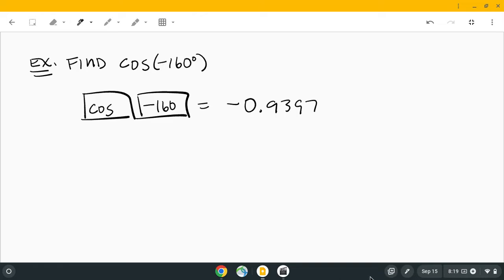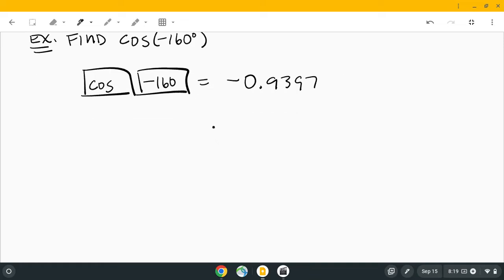This is where we left off in part two. We looked at reference angles and how to find the trig functions of those reference angles. We used those reference angles to find the six trig functions of angles that are not acute.